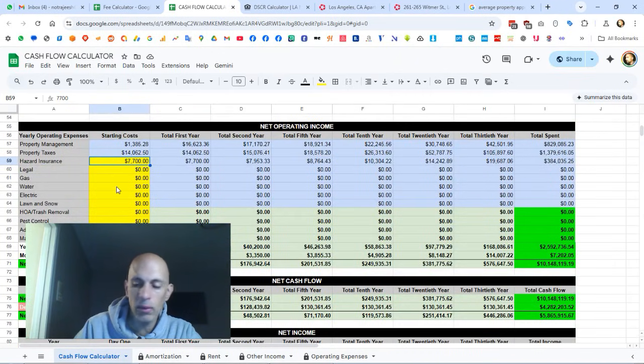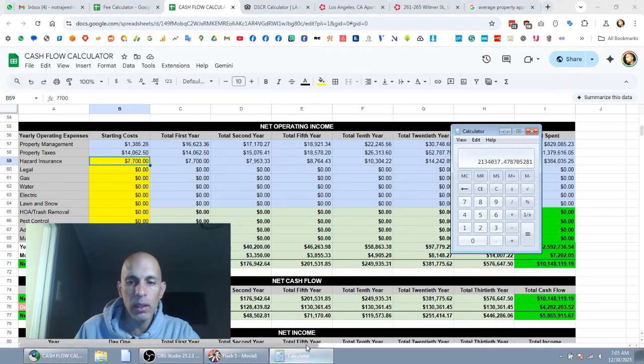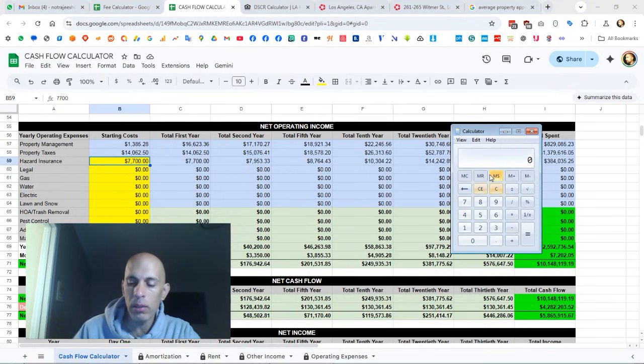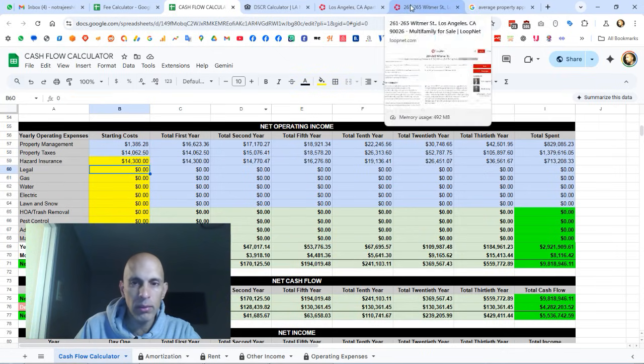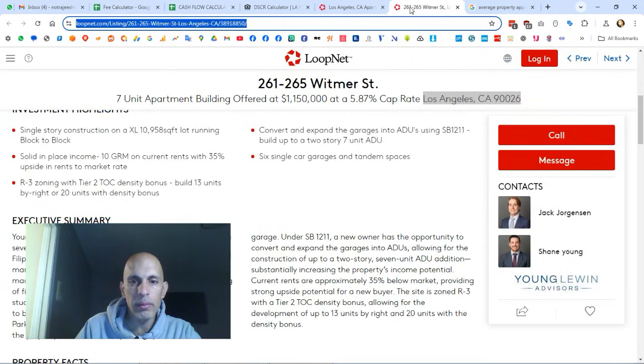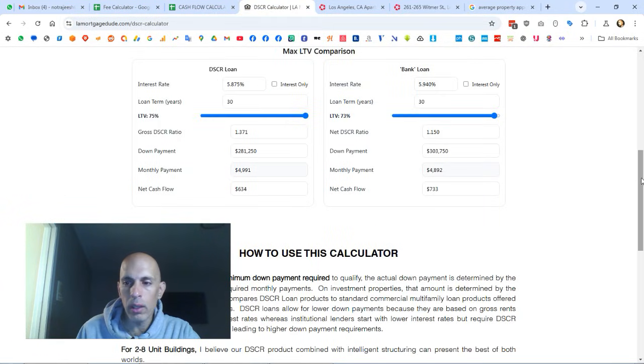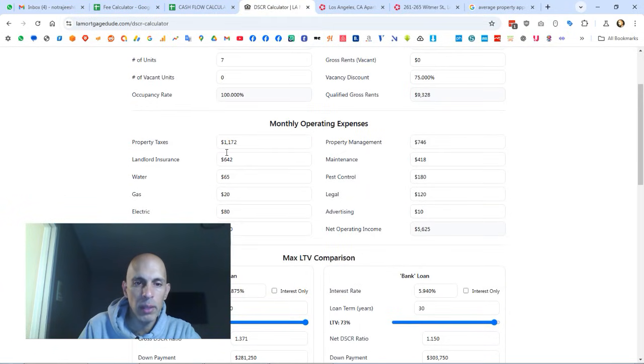With 13 units, hazard insurance is probably going to be 1,100 times 13. That's 14,300 for the insurance. Good thing is that property taxes don't get readjusted, at least I don't believe they do. Let's see what we were going for in terms of operating expenses.